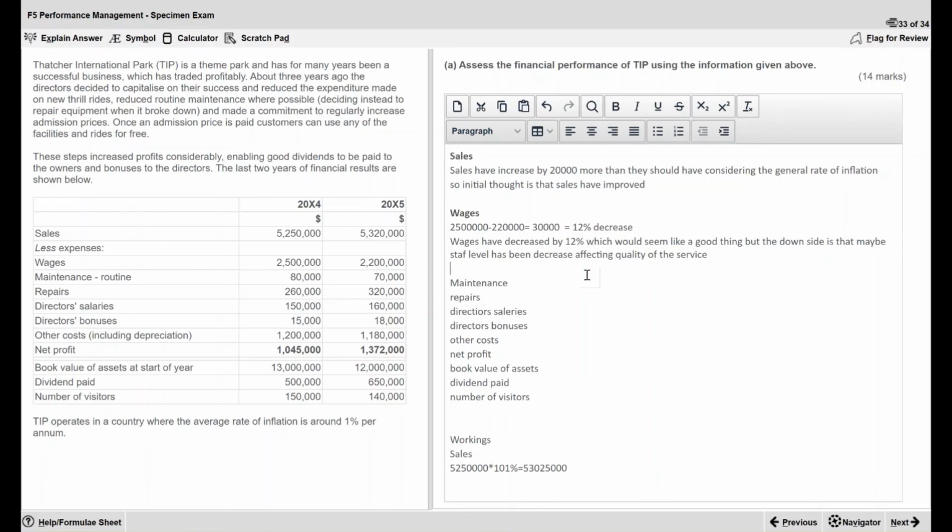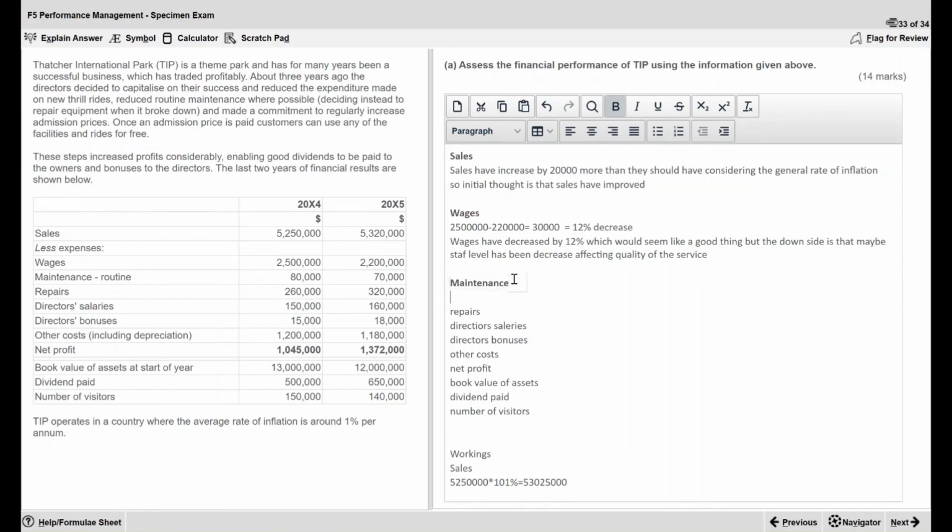Okay, so cost reduction is not always good. We have to see if there is any information given here which we missed. Maybe 3 years ago they decided to reduce maintenance where possible and made a comment about regulating the prices once. Okay, nothing mentioned here.